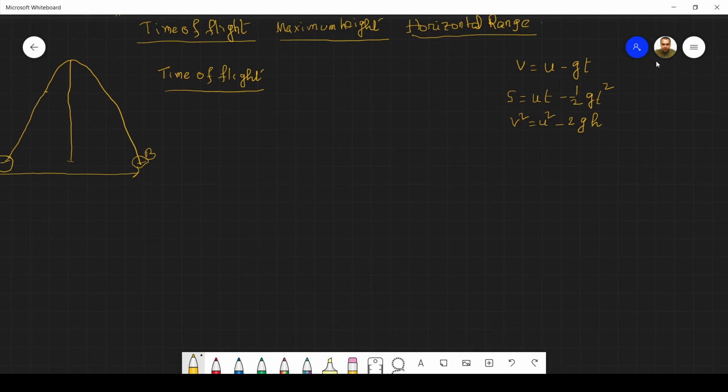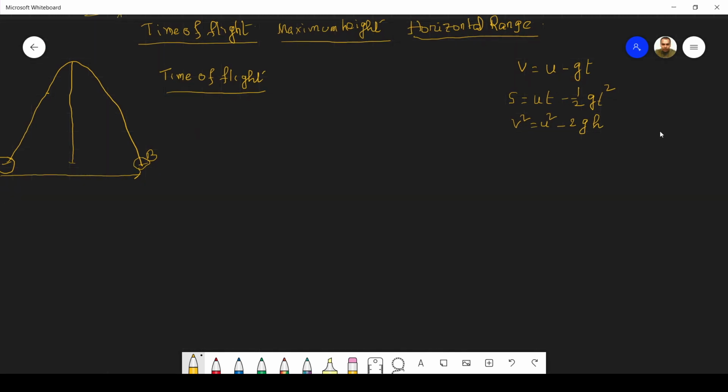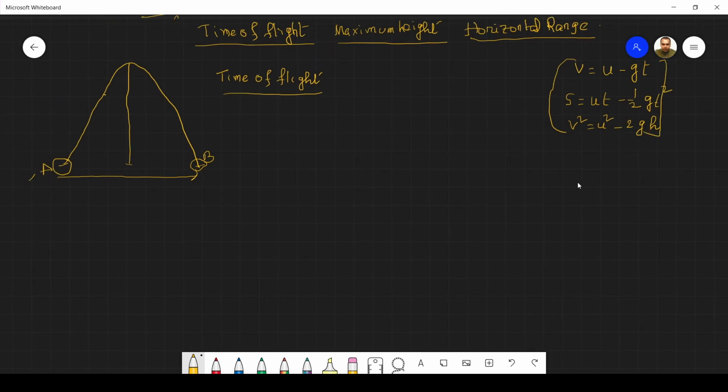So basically we can find these terms from these equations. For reference we have written down these equations here, and then we will calculate our required quantities.